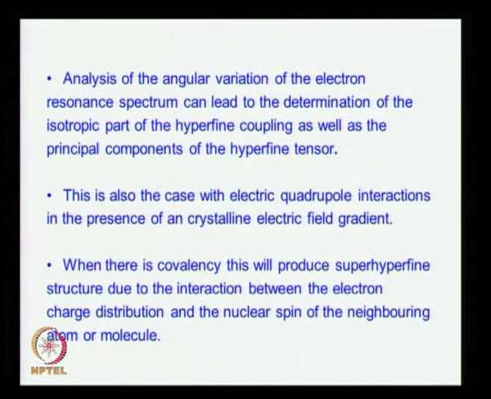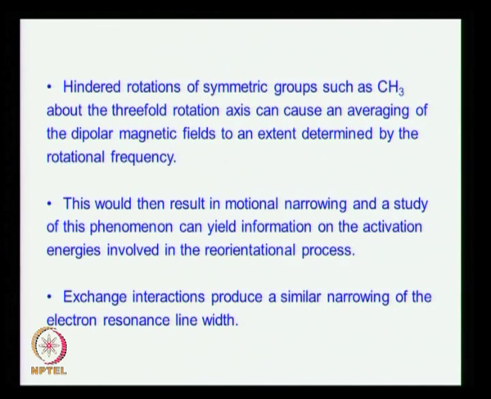So, the general analysis of the angular variation of the electron resonance spectrum can lead to the determination of the isotropic part of the hyperfine coupling as well as the principal components of the hyperfine tensor. This is also the case with electric quadrupole interactions in the presence of a crystalline electric field gradient. And when there is covalency, this can also produce so called super hyperfine structure due to the interaction between the electronic charge distribution and the nuclear spin of a neighboring atom or molecule. So, that is called super hyperfine interaction.